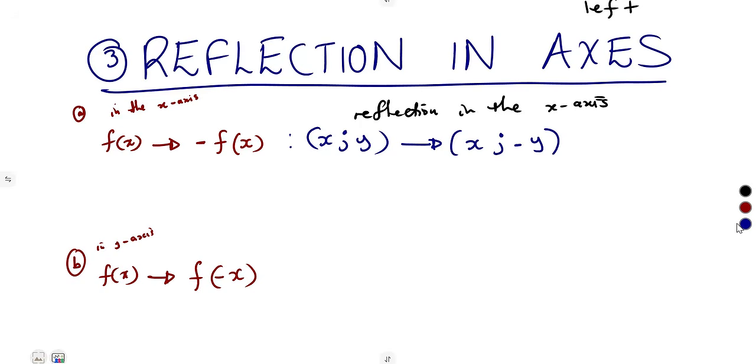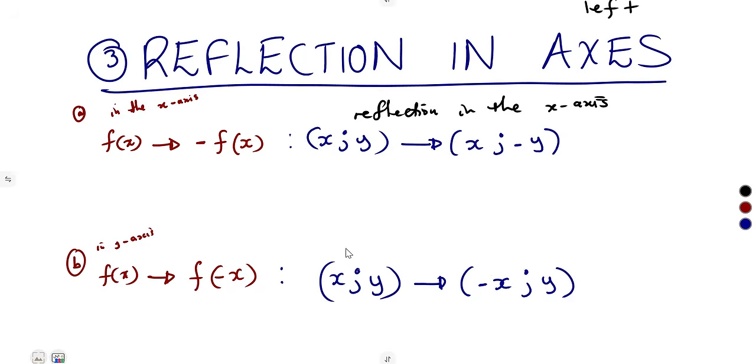It changes to a negative. Let's explain in terms of the points. (x, y) changes so that the y value is not affected. It is the x that is affected, so the x changes to a negative. So that is minus x, and the y value is not affected.